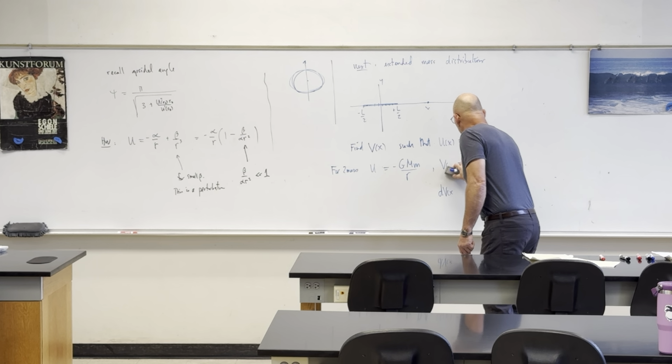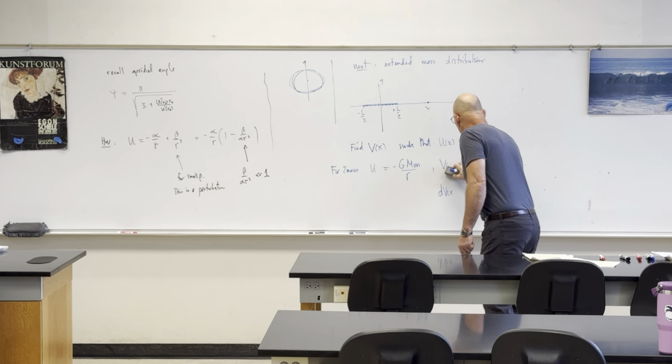So V of x is going to be minus G integral dm over x minus x prime. We're going to do minus L over 2 to L over 2. So every little dm here, and x will be greater than L over 2, so everything will be safe here.